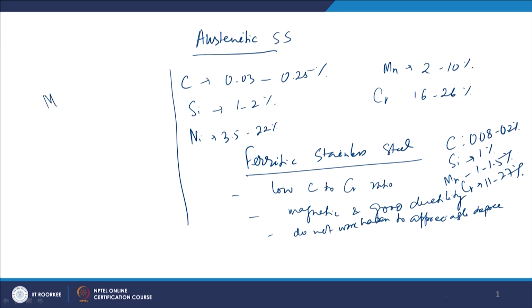Then if you come to the Martensitic stainless steel, again as the name indicates, it has the Martensitic microstructure. That is why they are known as Martensitic stainless steel. They have a high carbon to chromium ratio.